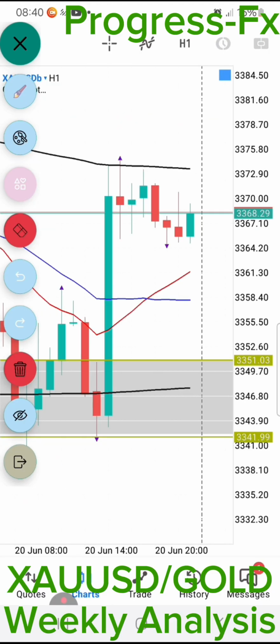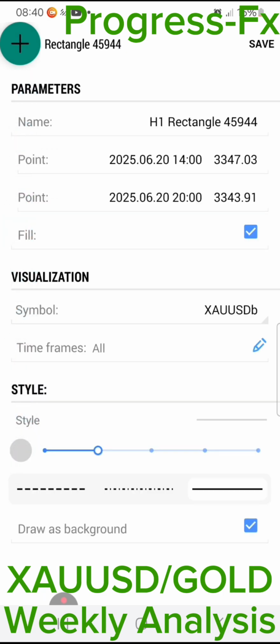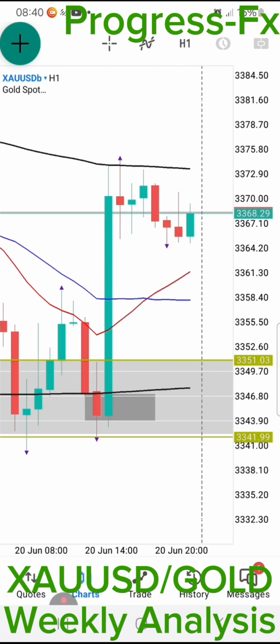Get another shape. Remember I told you the shape must start from the body of the candlestick to the tail.